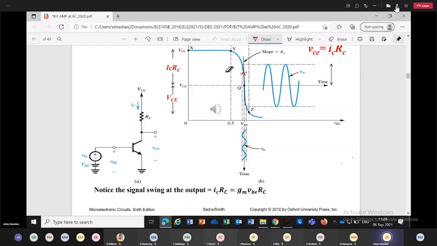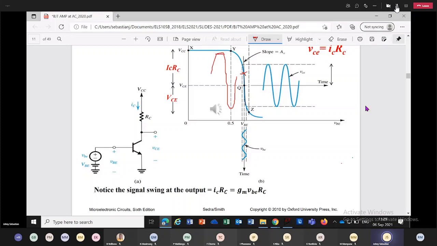So the first clipping you observe is on that side. Negative is supposed to go without a problem and come back. So the clipping happened on the positive side. That is the only thing that happened.